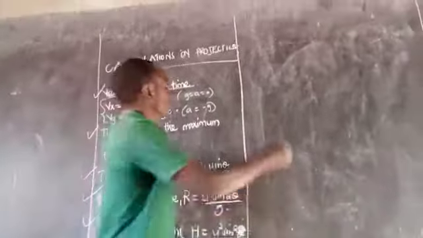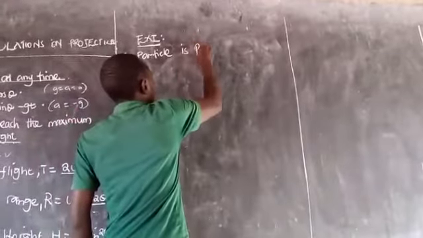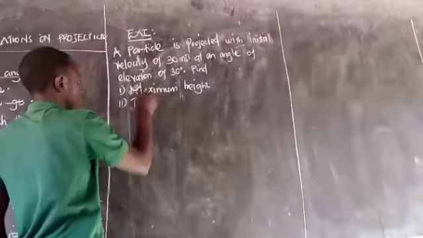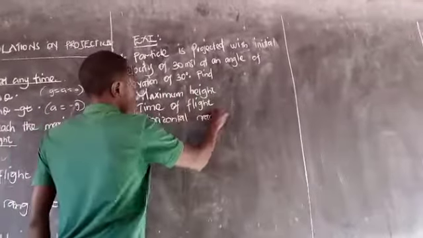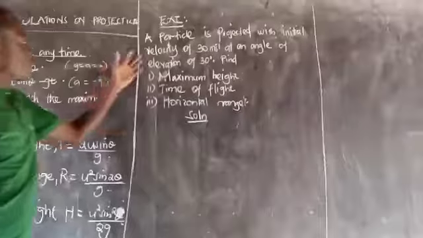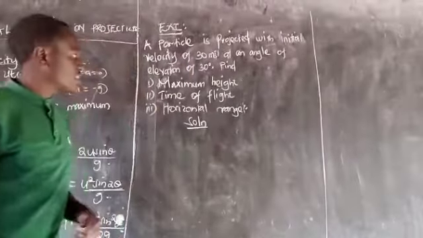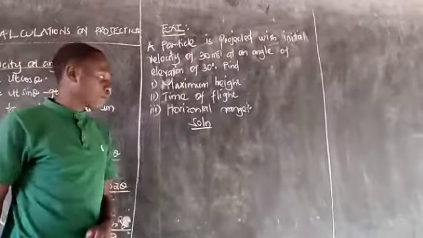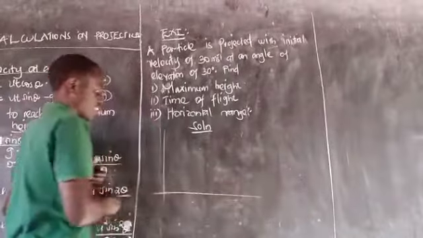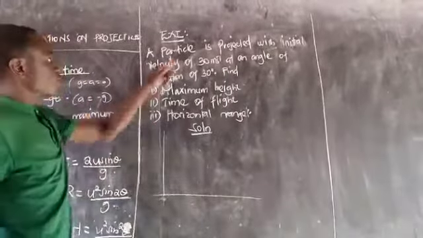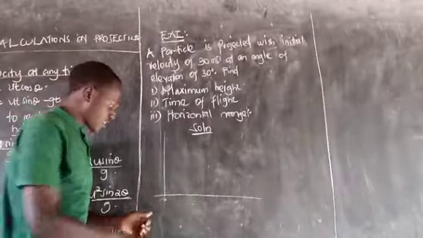For example, given this problem, we are going to tackle it using the formulas derived in the previous lesson. We have been told that this particle was projected with an initial velocity of 30 meters per second and at an angle of elevation of 30 degrees.